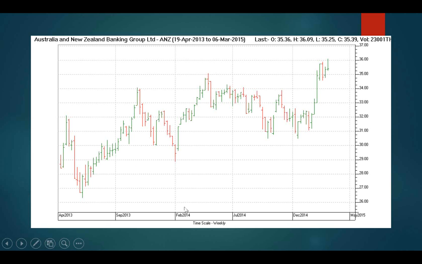Now, we talked about this. This is a weekly price chart. This is showing the price action from the open to the close of one week. Now, generally, a week is considered to start on Monday and finish on Friday. There are bits of software where you can change the start of the week and the finish of the week.